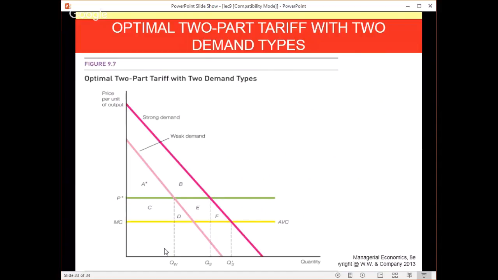You know the answer, right? Basically, I want you to add up these areas here by letter. If the strong demand is much stronger than the weak demand, what should the entry fee be? Okay. A plus B. I'm sorry?